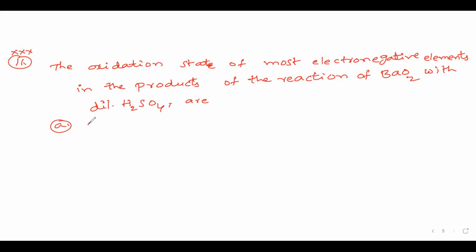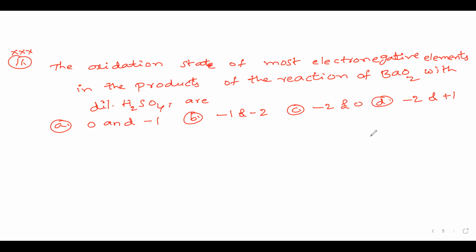So first option it is 0 and -1. Second option it is -1 and -2. Third option it is -2 and 0. And fourth option it is -2 and +1. So which is the right option you have to check. First you should know this reaction, then only you can write it easily.